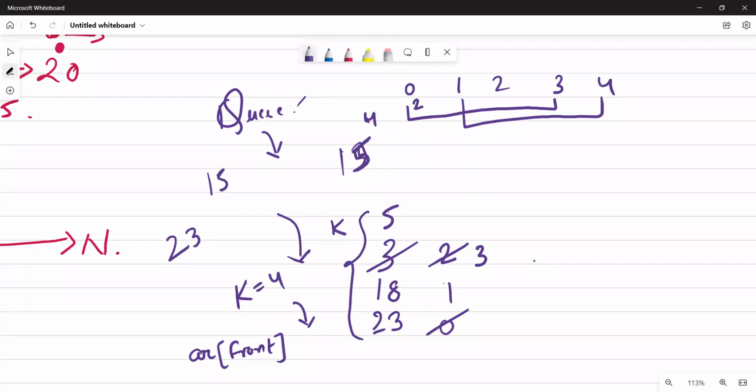Let me write the numbers: 23, 18, 3, 5 and 15. I will pop this out and insert 15. What should be the maximum number? 18. So while you are taking 15 into your queue, you should keep note of that. If an element is out of your window, you should pop it out. Clear?